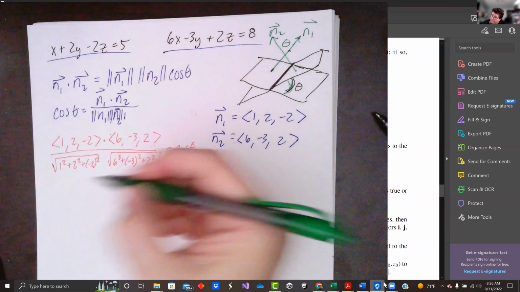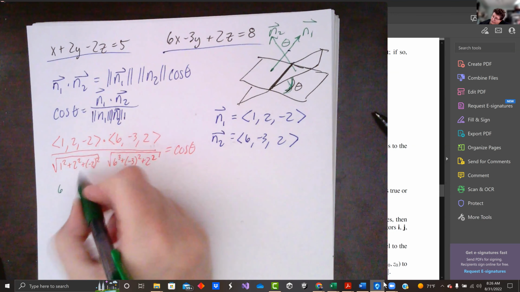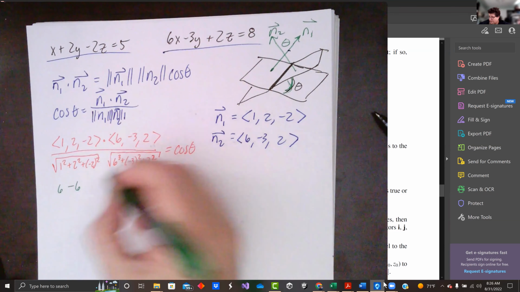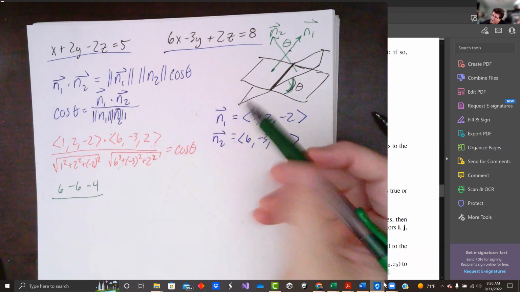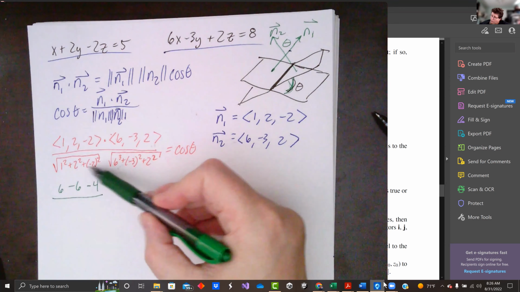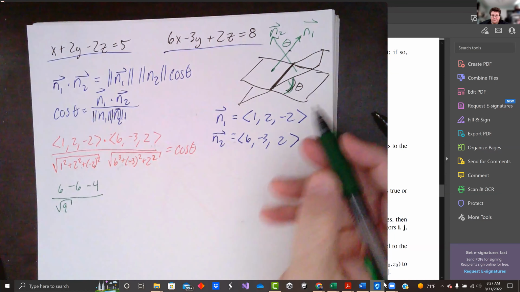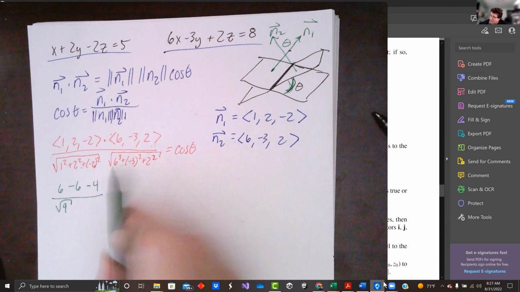So what do we get on top? 1 times 6 is 6. 2 times -3 is -6. And -2 times 2 is -4. On bottom, 4 plus 4 plus 1 is the square root of 9. Yes, I know that simplifies. I put a 3 there.